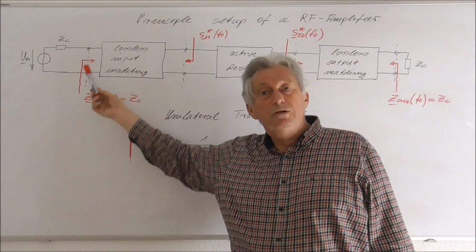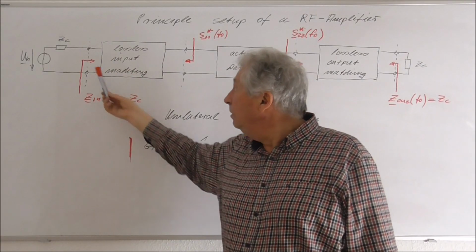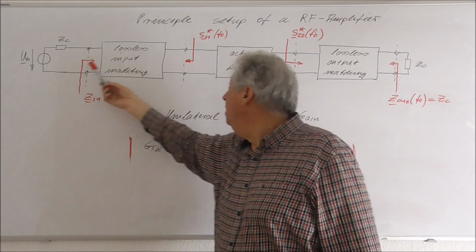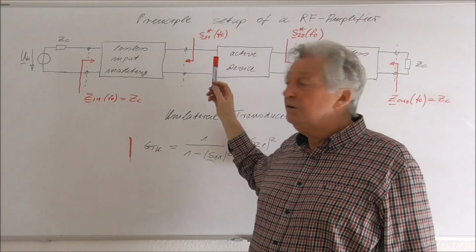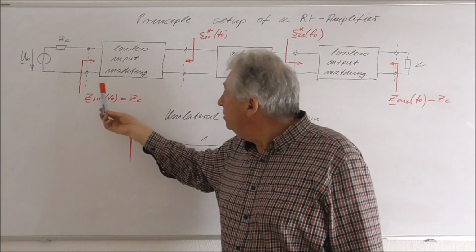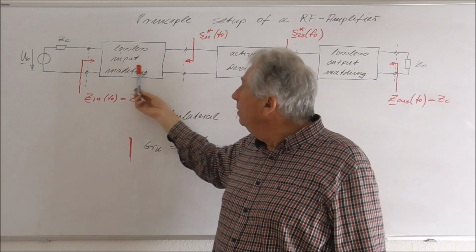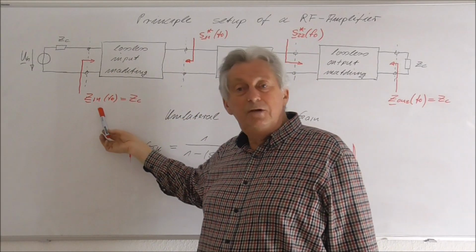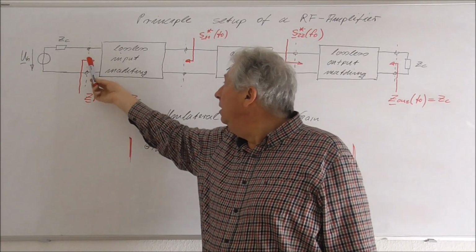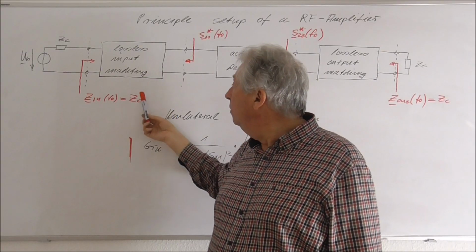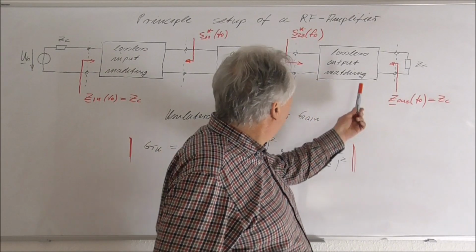So we must use a lossless matching network or a lossless input matching network to transform ZC into S11 conjugate complex at the frequency of operation. But this is equivalent for the case that I transform S11 at the frequency of operation so that the input impedance I see in this lossless matching network is equal to ZC. And of course the same will be true for the output.